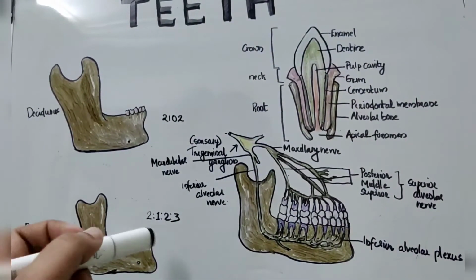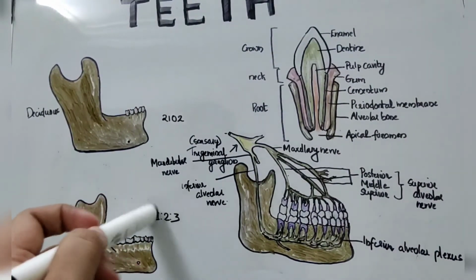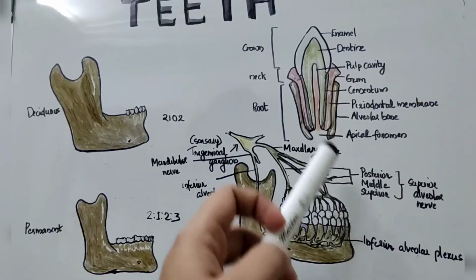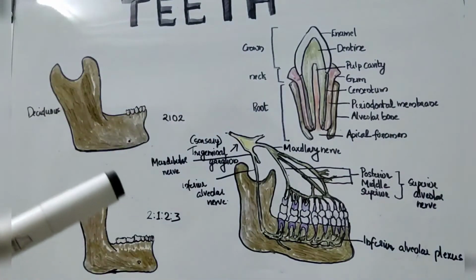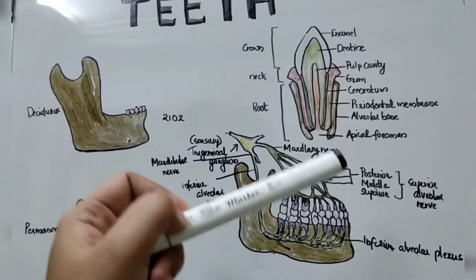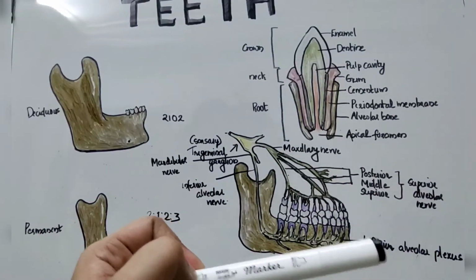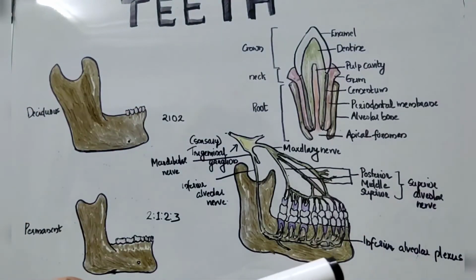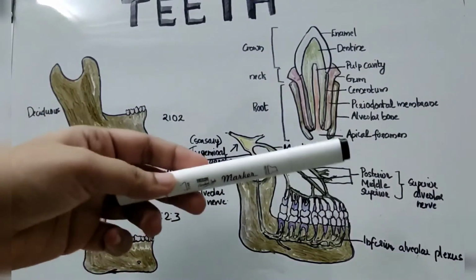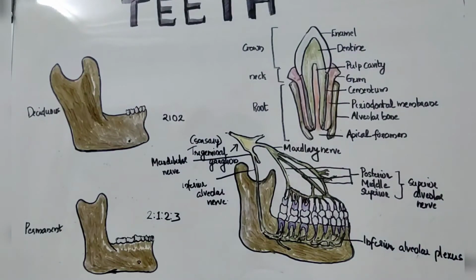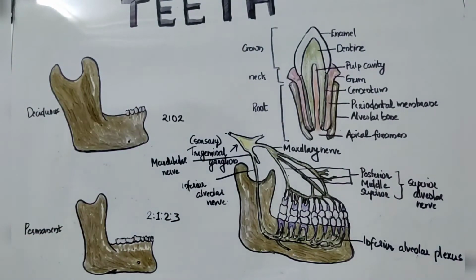One similarity between the incisors, canines and premolars is that they have only a single root. But in the case of the upper first premolar, it has 2 roots. The molars, the lower molars, have 2 roots, and the upper molars have 3 roots.